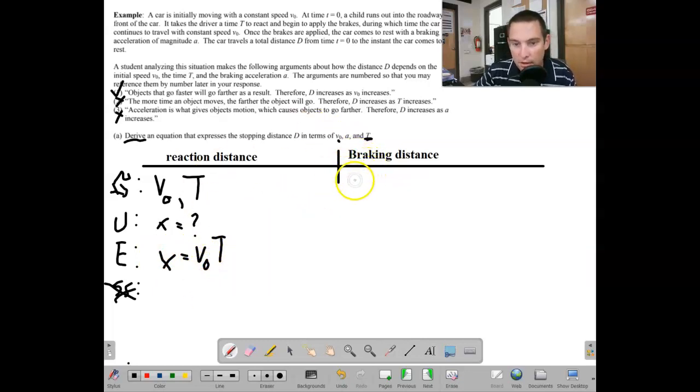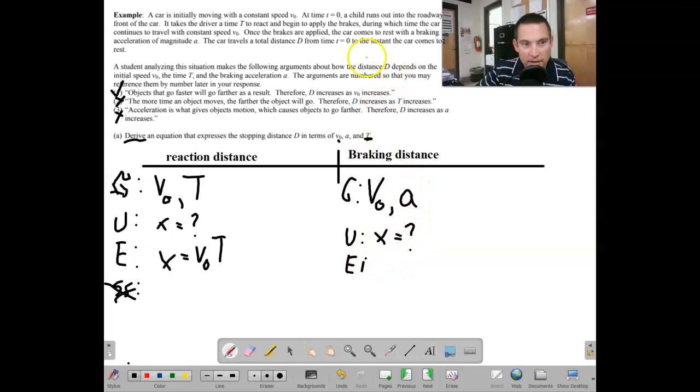So next up, we go into the braking distance. What information are we given for braking distance? We know that there is a speed, and if you need to go back and reread the problem, do that. And we know that while braking, there's an acceleration. Again, what don't we know? We don't know the distance that this car will actually travel. Is there an equation that will relate these three? Notice there's no time in this equation, so we're going to use the no time equation. And the final speed, we're coming to a stop, right?